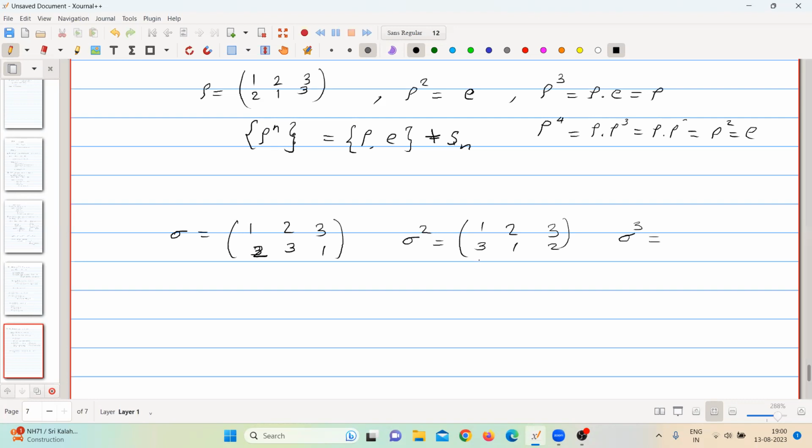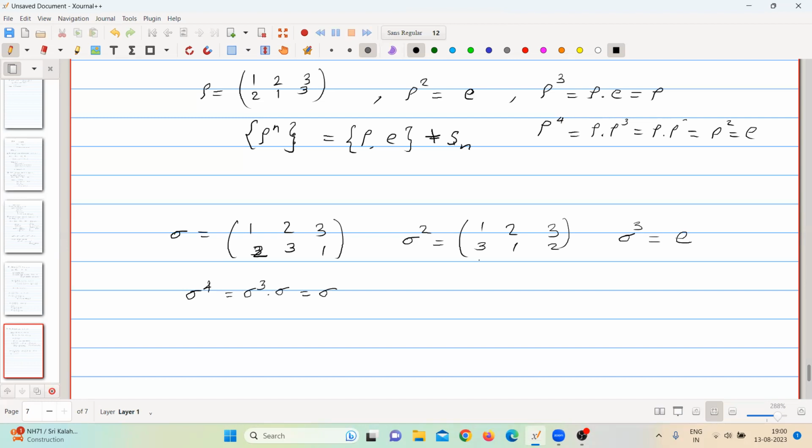What is sigma cube? We have already done that, right? 1, 3, 3, 1. Identity. 2, 1, 1, 2, 3, 2, 2, 3. So sigma cube is identity. After this stage, if we take sigma power 4, what do we get? Sigma cube into sigma, that is equal to sigma.